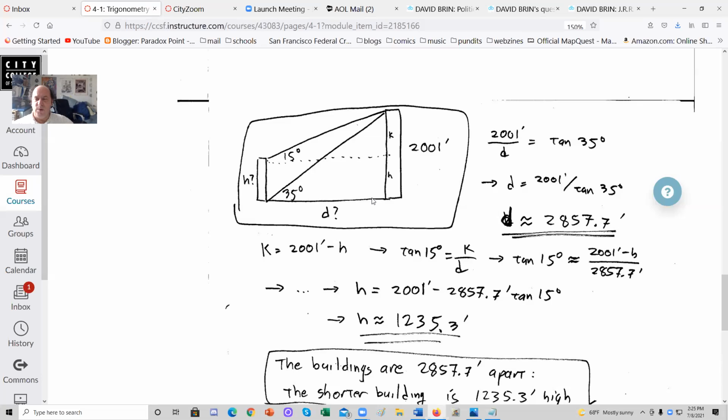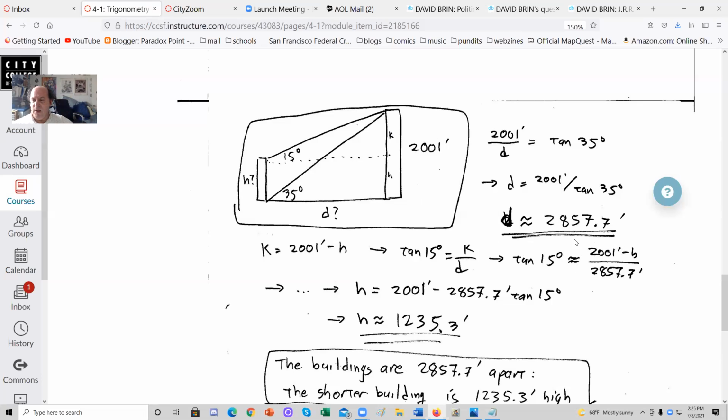Okay, here's 2857.7 feet. And this distance k is 2001 minus h. It's at an angle of elevation of 15 degrees. This is d, this is k. Tangent of 15 is k over d. Therefore k, that's 2001 minus h feet, and d is 2857.7 feet.